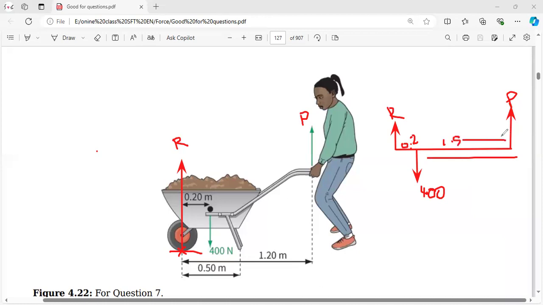Am I correct? If this is 1.2, yes, plus 0.3, which means this is 1.8. Sorry, 1.5. Sorry, it should be 1 meter. Yes, it should be 1 meter, not 1.2.